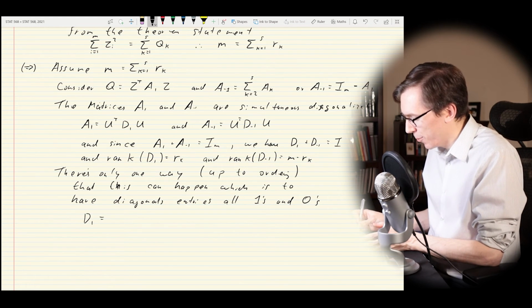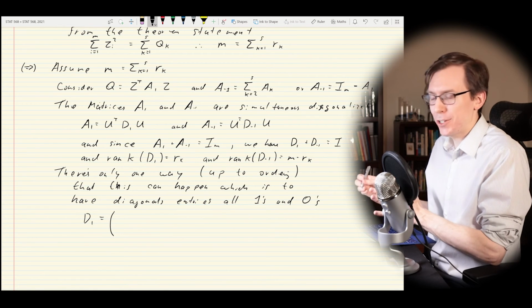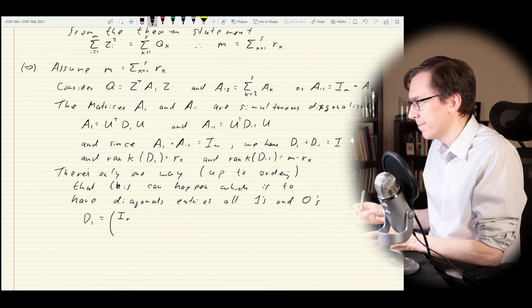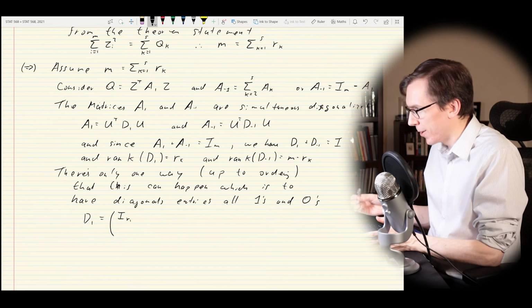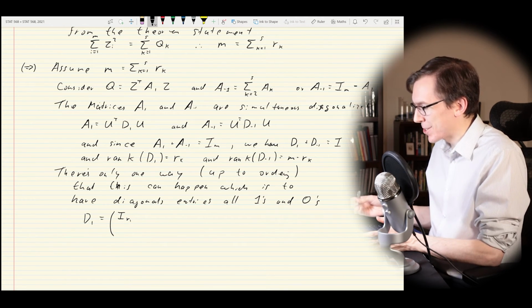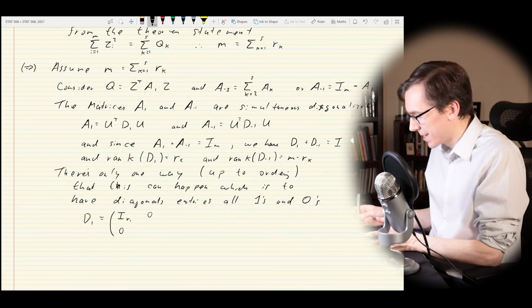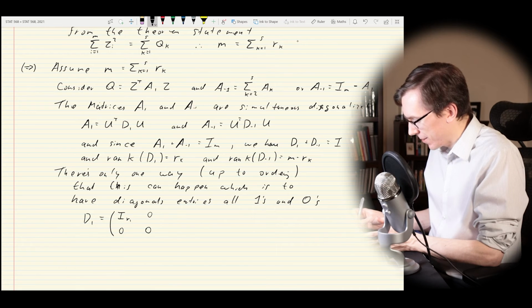We have that D1 is going to be in block matrix form, an R1 dimensional identity matrix with zeros everywhere else.